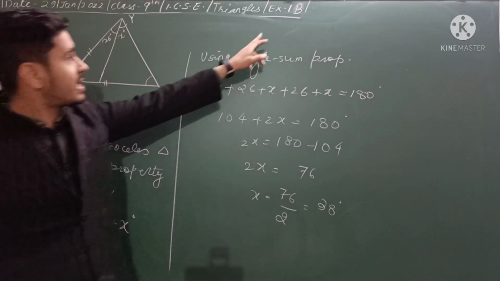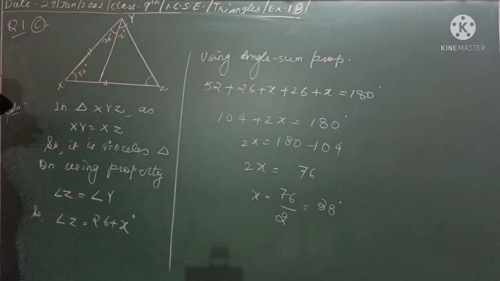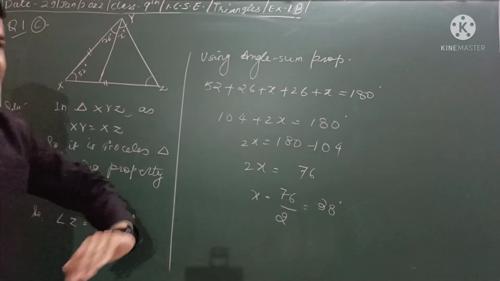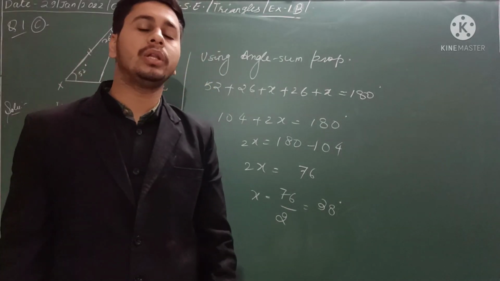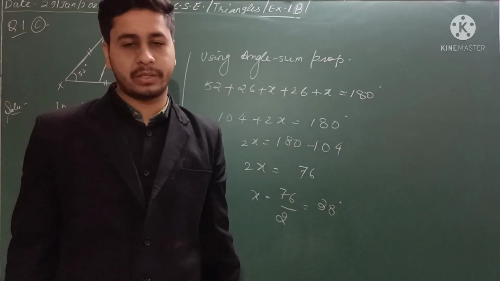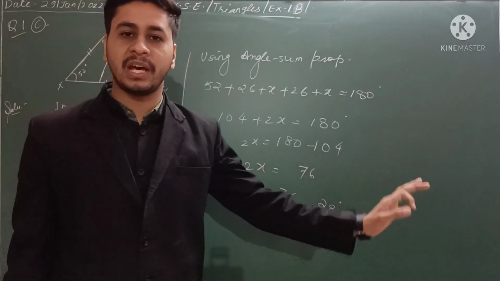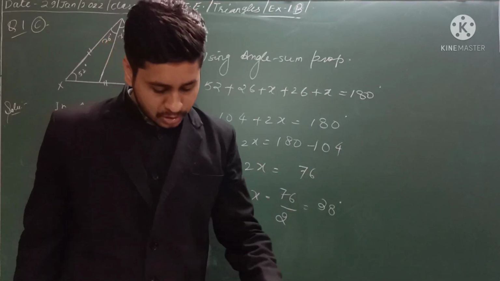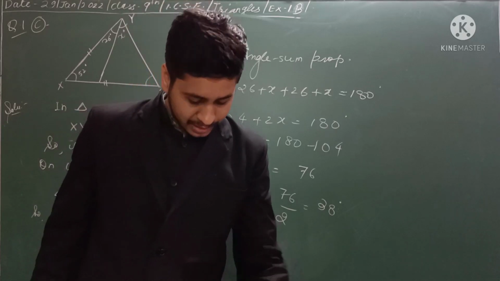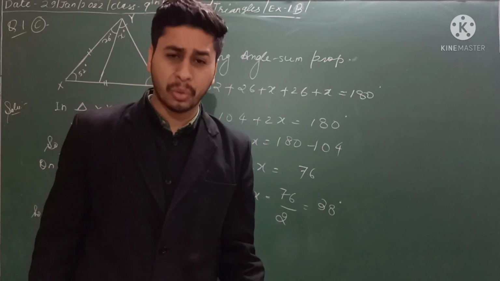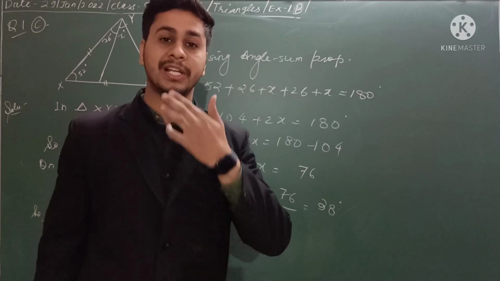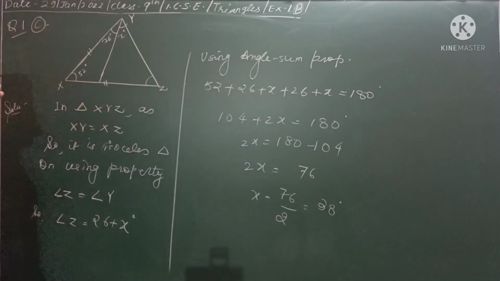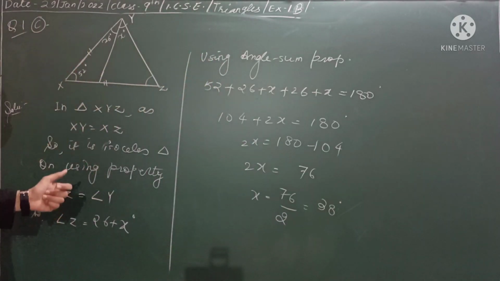We are starting exercise 1B here. This exercise is mainly concerned with isosceles triangle properties, so whatever 3-4 properties I have taught you, please keep them in mind, because most of the questions will use the isosceles triangle property.